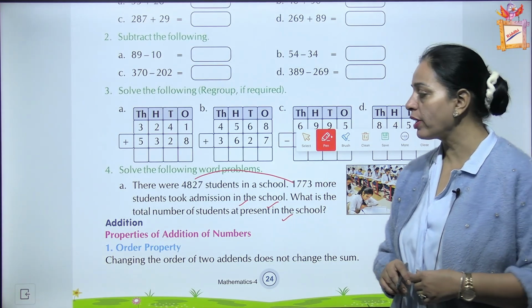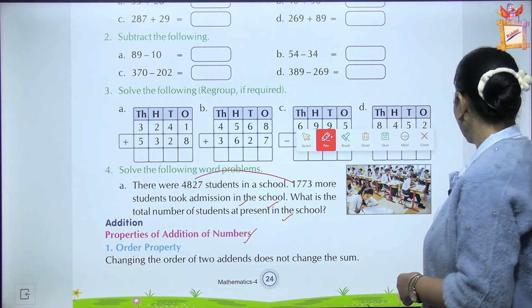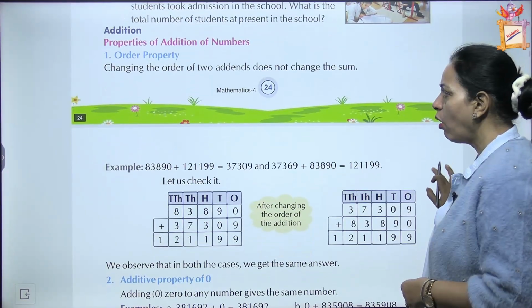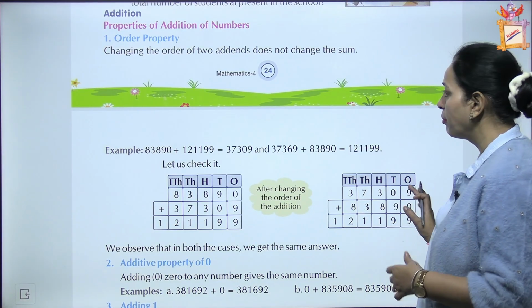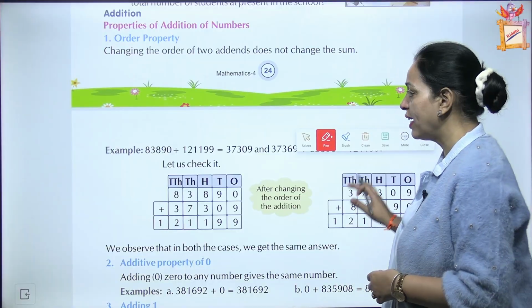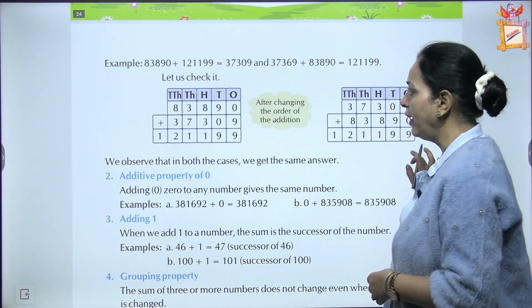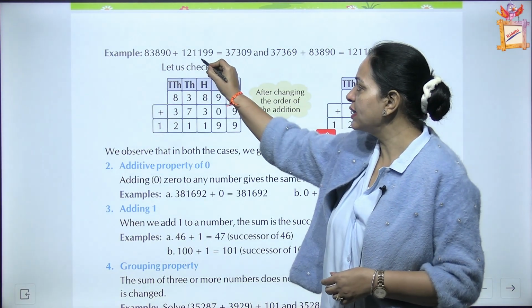Now we are talking about properties of addition of numbers. The first one is order property. Changing the order of two addends doesn't change the sum. If we change the order of numbers, the answer would be the same. See here the example, 83,890 plus this number.